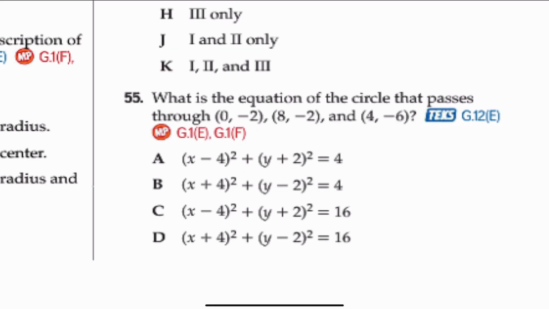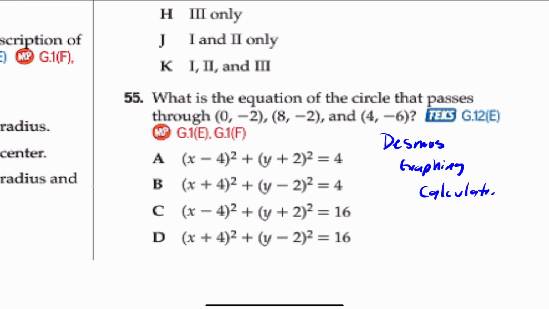All right, number 55, this is: what is the equation of the circle that passes through (0, -2), (8, -2), and (4, -6)? What I recommend that you do for this problem here is use Desmos, the Desmos graphing calculator. Once you're on Desmos, plot those points.